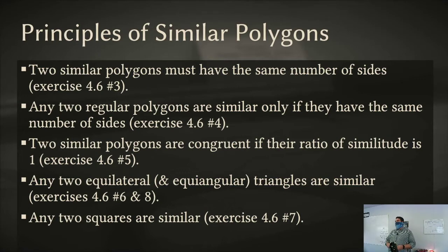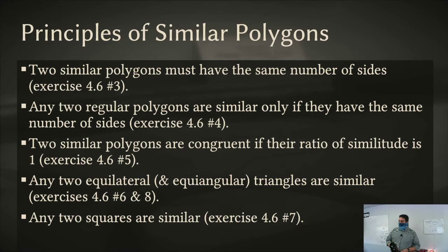Oh, I thought we were... Nope, sorry. Exercises 4.6, numbers 3 through 8 are basically this list. You do want to know these off the top of your head. We're just not going to go through and prove them. Does that make sense? Mostly for the sake of time, because I would rather let you guys have time to work.